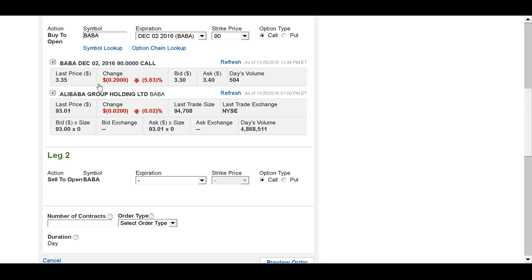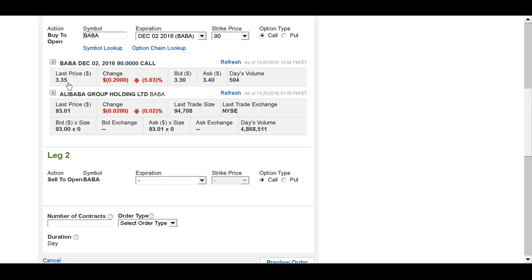So how do you get the extrinsic or time value? You take the current price of the option, $3.35, and you subtract the intrinsic value, which is $3 here, and that's how you get the time or extrinsic value. So that would be $3.35 minus $3. That would be 35 cents per share of extrinsic or time value.